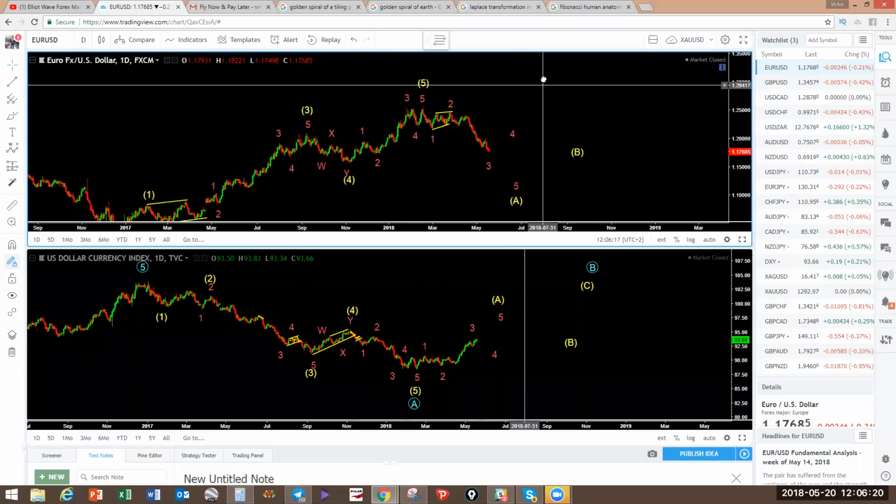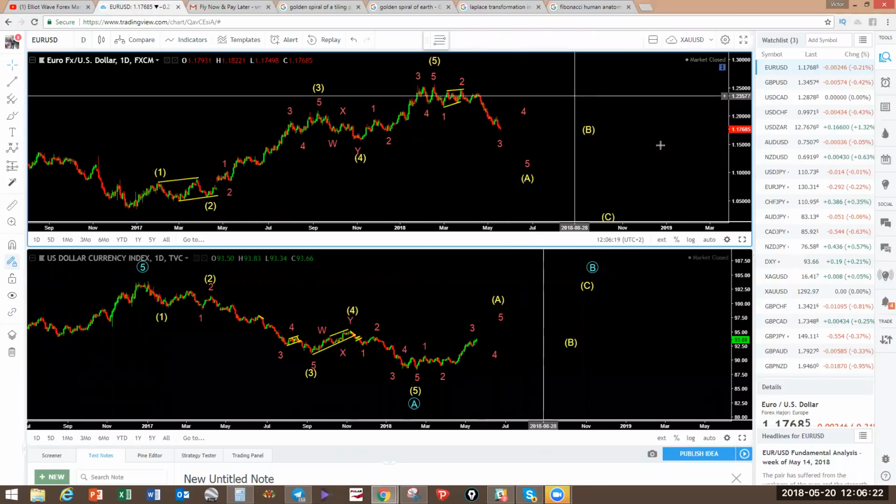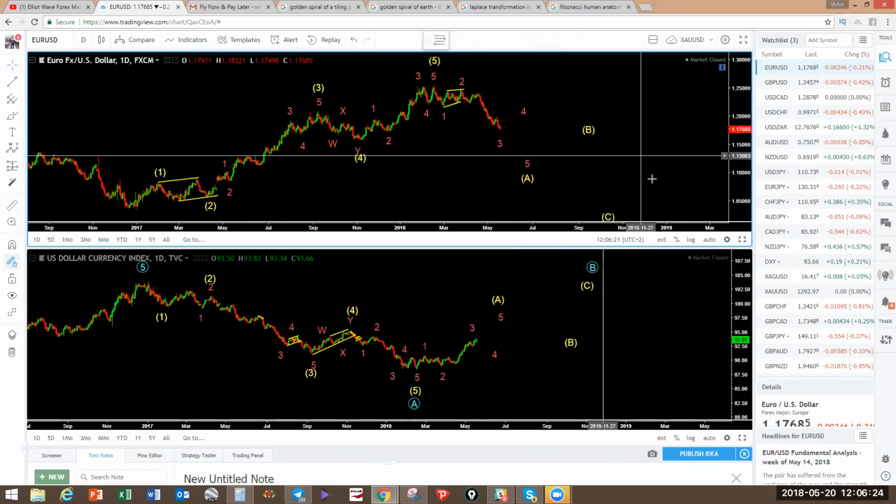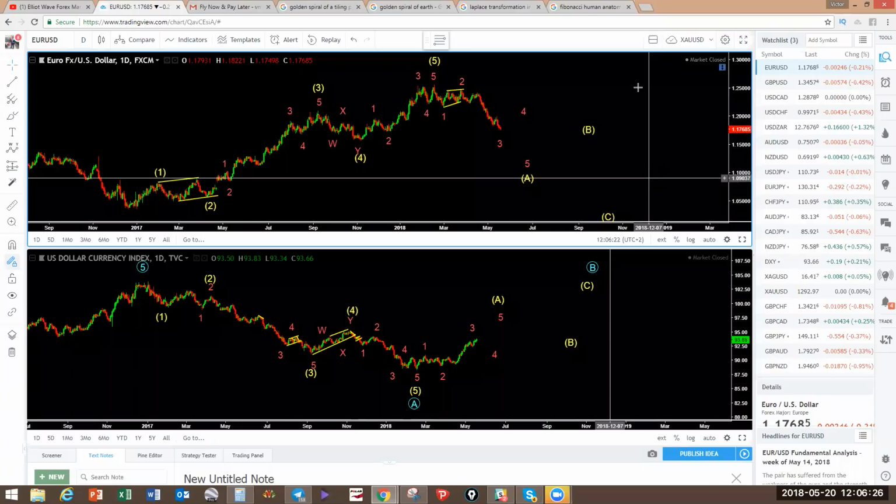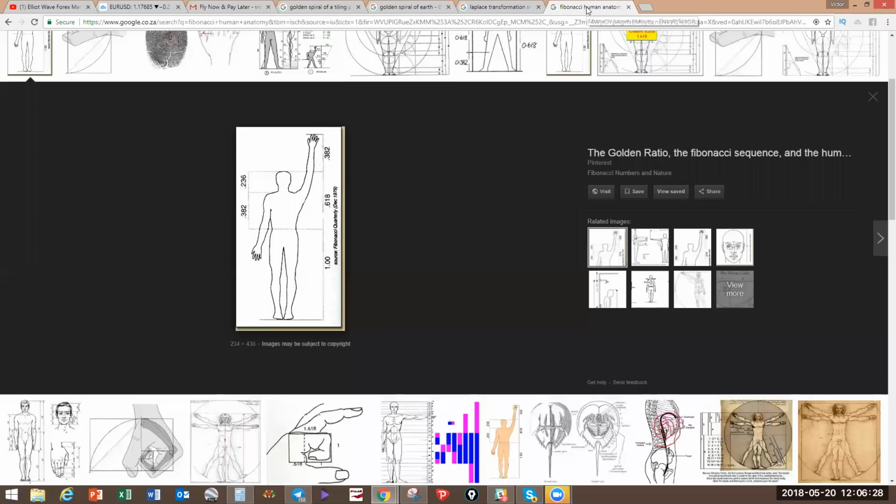So let's just look at Fibonacci, but besides looking at Fibonacci, what if the world was just random? What if it was just random and everything was disorganized? It would be one big mess. Imagine if there was no system in the design of human anatomy.